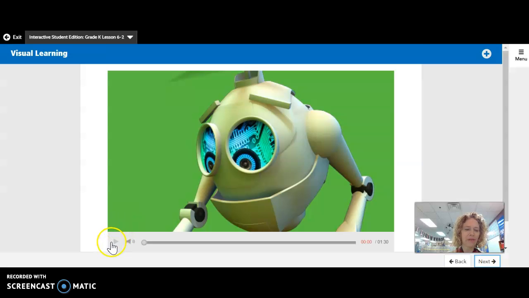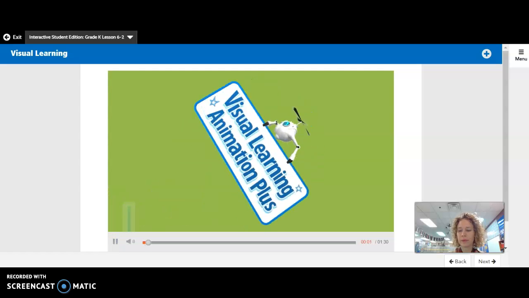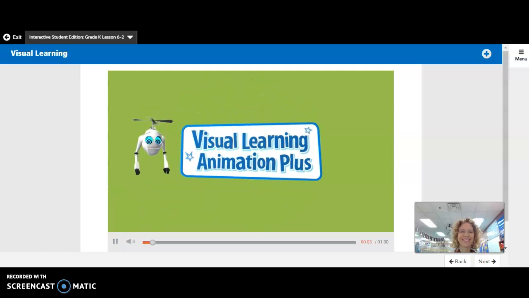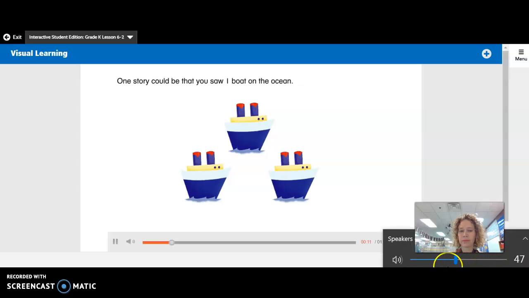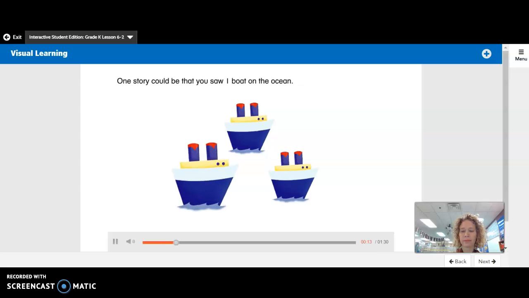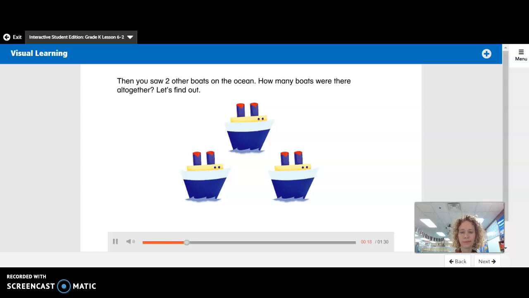Listen carefully. What joining story can you make up about the boats? One story could be that you saw 1 boat on the ocean. Then you saw 2 other boats on the ocean.